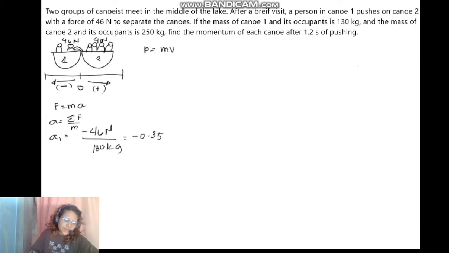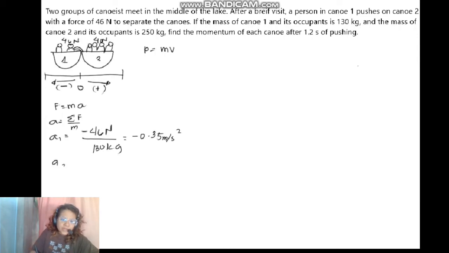For canoe 1, acceleration 1, we're going to use the force which is negative 46 Newton over the mass that is 130 kilograms. So, why negative? Negative because they are going into the negative x direction. And as for 2 naman, they're going to the positive x direction. And with that, we're going to get the answer of negative 0.35 meters per second squared.